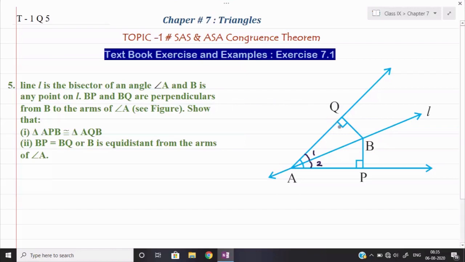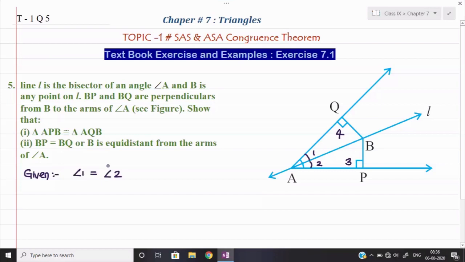To proceed further, I will give this angle name as angle number 3 and this angle name as angle number 4. Okay, let us write down the given things first. Now given we shall manipulate according to our requirement, and then we shall use it in the proof of the question. So in the given, I will write down first angle 1 is equal to angle 2.